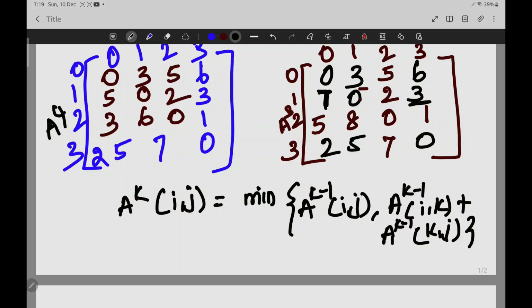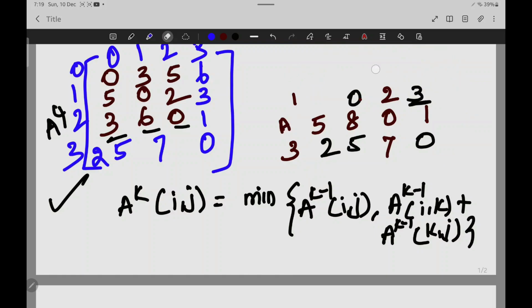Here I have found the answer for the last row. We are getting the same value and this is replaced with this value, and this is the 3, 6, 0, 1. So 5 is replaced with 3, 8 is replaced with 6, the remaining all the same value. So we are getting the minimized value.